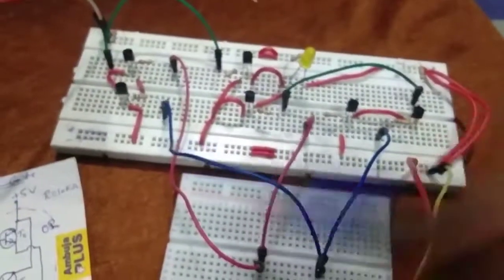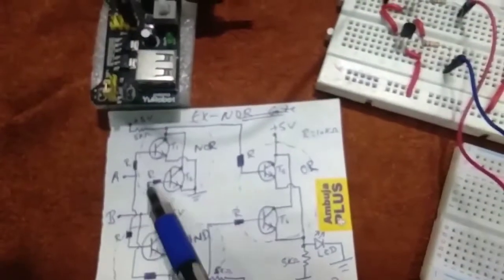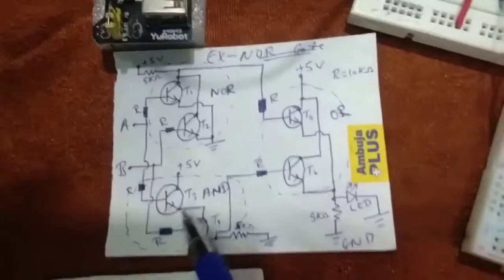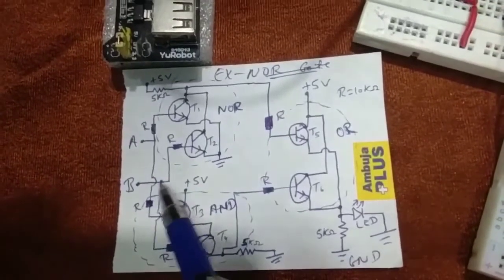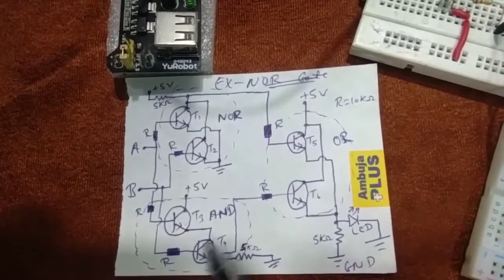So A is connected to transistors T1 and T3. Now we have also connected B to transistors T2 and T4. This one is T2, and here we have connected T4.